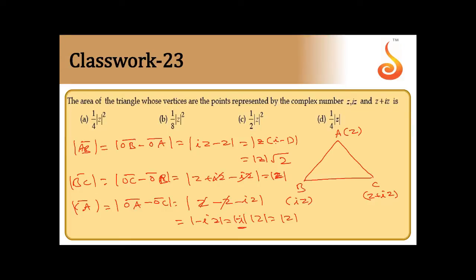So the AB length is mod z root 2. The AC length is mod z, and this is mod z. What about the triangle?